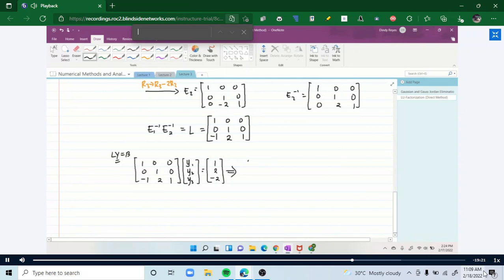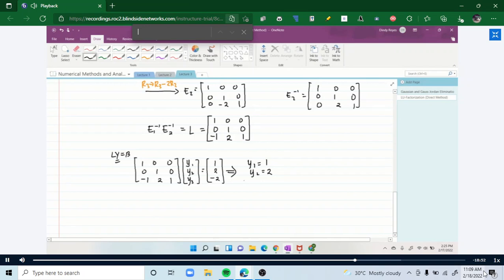So multiply the first row by this column matrix. In equation form, you'll have Y sub 1 equals 1. So this is the column, multiply Y sub 1, diba? Yun ang matrix multiplication, row by column. So equals this number. And then the second row, so 0, 0 yung first and last columns, no? Only the second column has the entry 1. So Y sub 2 is equal to this number here, 2.